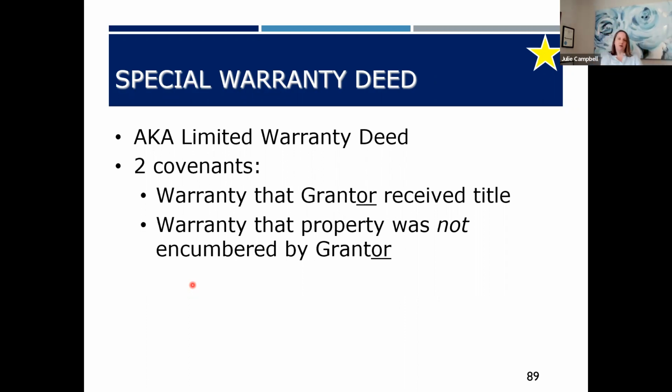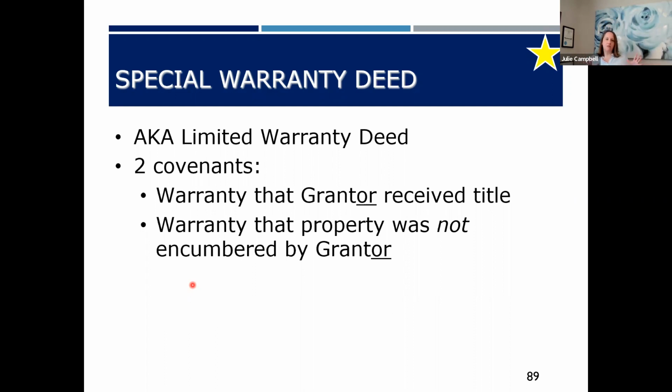So what do they offer? Well, first, instead of 5 covenants or warranties, they only offer 2. They offer the covenant that the grantor received the title. At some point in the past, the person giving you the property acknowledges that they've received the title. They're also promising that they did not encumber the property during the time that they owned it.